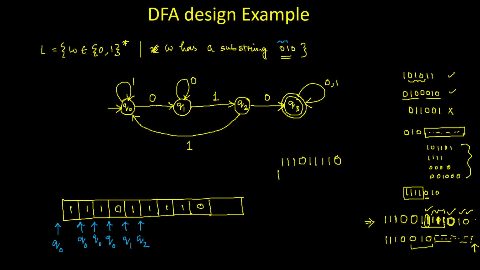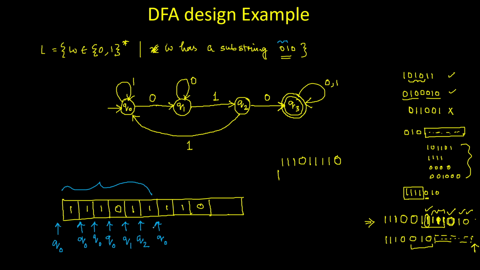Unfortunately, the machine has seen a 1. As soon as the machine has seen a 1, there is no way to continue the search for 010 right now. It has to search again for a new 0 that may be the first character of the substring. So that's why, on Q2 on this 1, it will go back to Q0. You see, I'll go back to Q0 and it will start checking from the beginning again, as if these 6 characters are not present in the string.